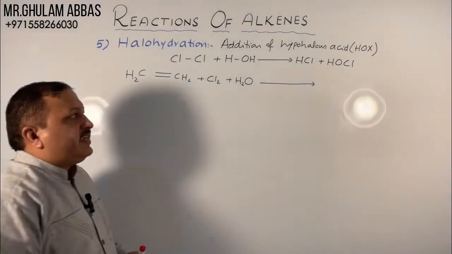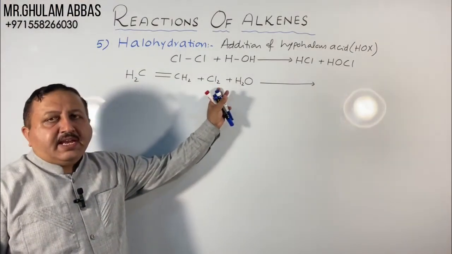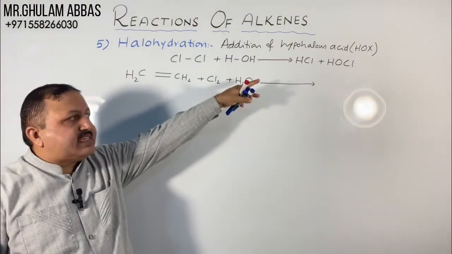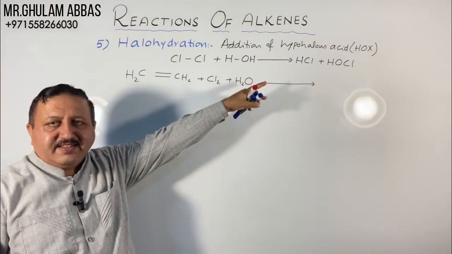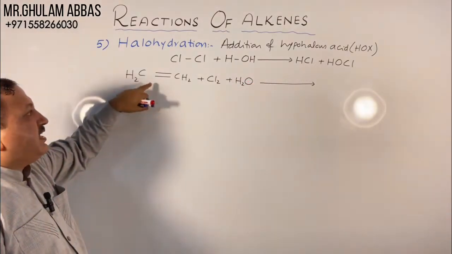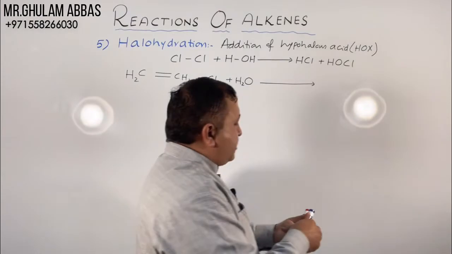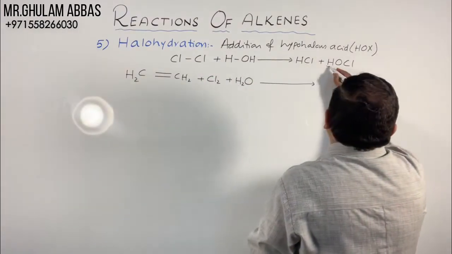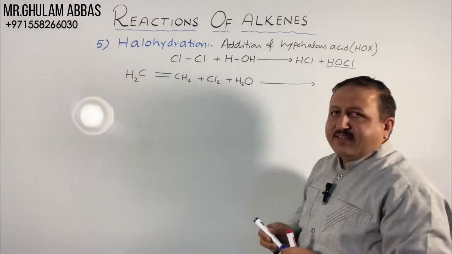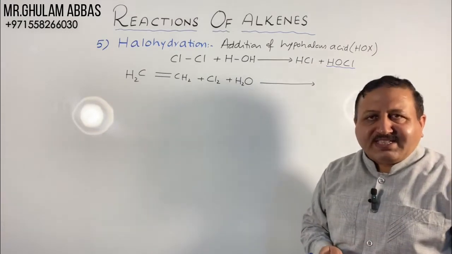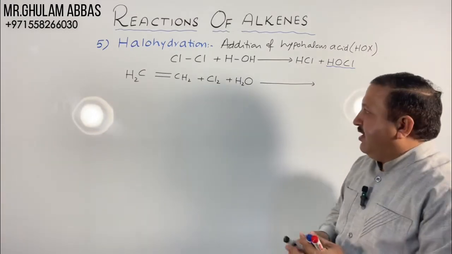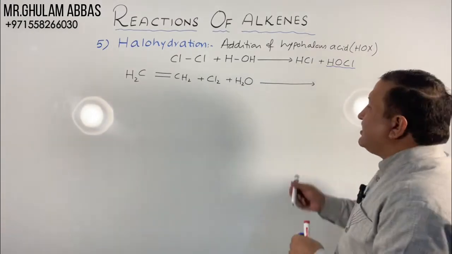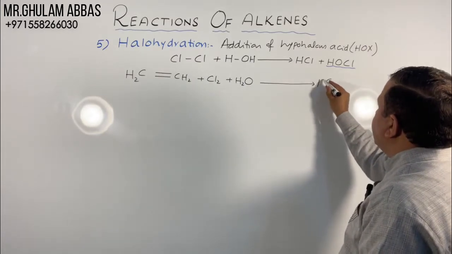We should know that chlorine and water react to form HCl plus HOCl. So actually this is the addition of HOCl, which has two parts. One is OH, other is Cl. So I will complete this reaction.